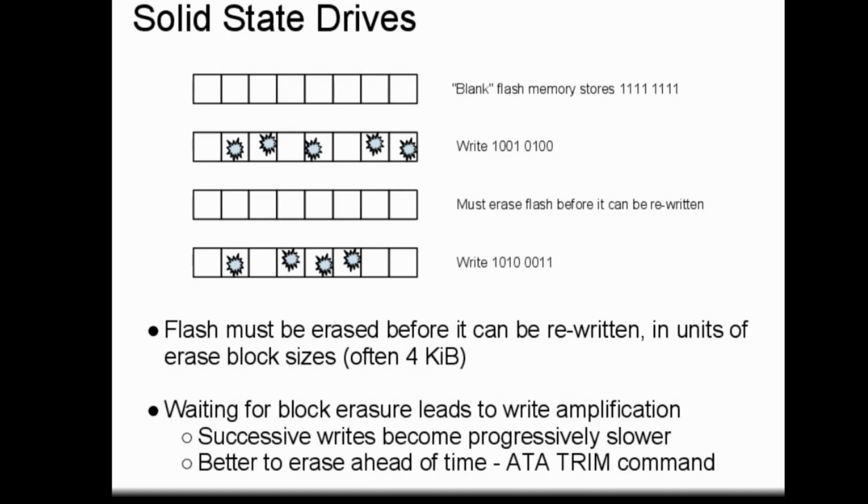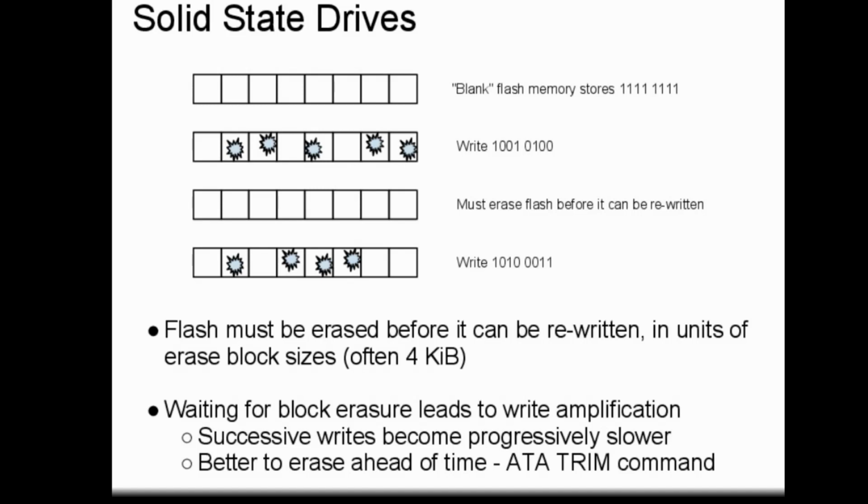I'm pretending we only have a byte here. If later I wish to change that stored value to 10100011, I must first erase that block of flash memory before I can program the new data value.